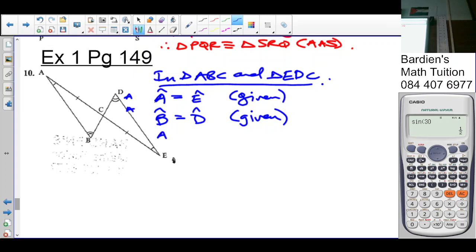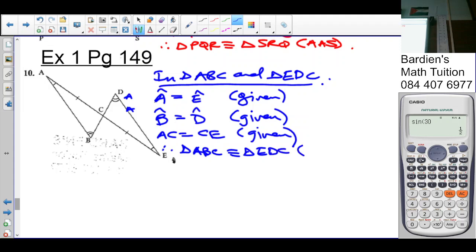So AC is equal to EC. Why? Therefore triangle ABC is congruent to triangle EDC. Why? Angle, angle, side. Alright?